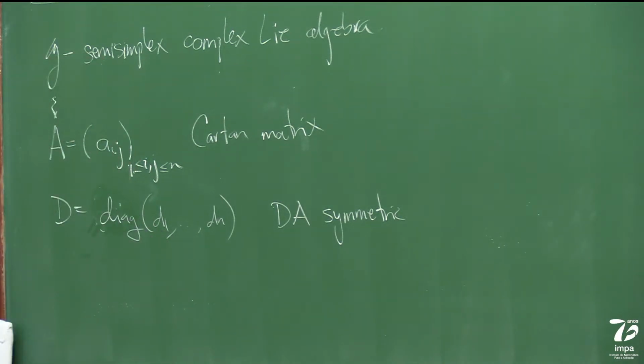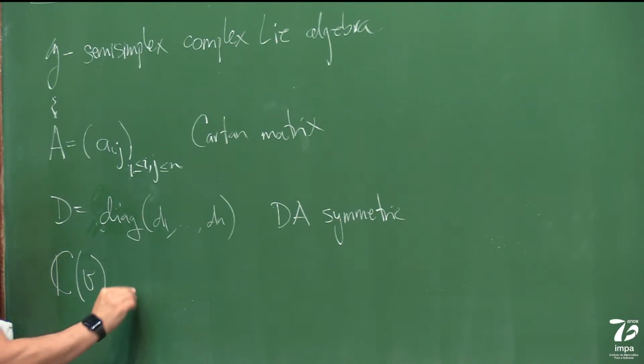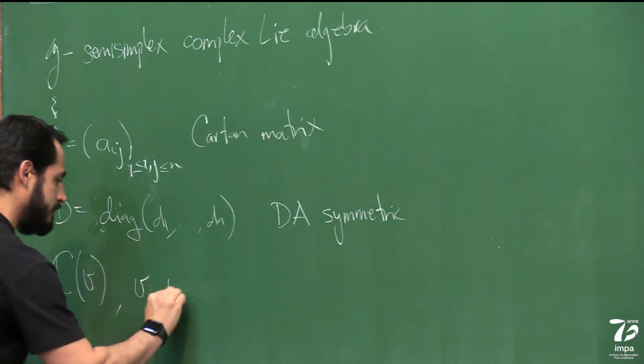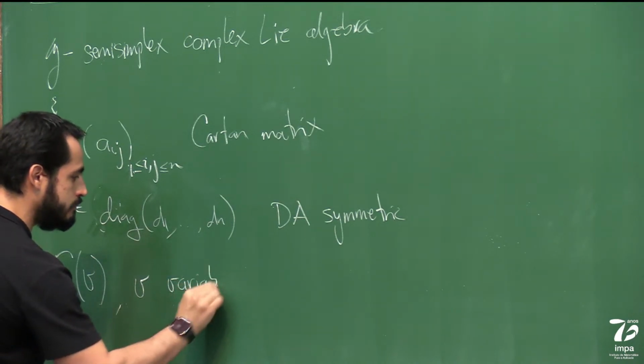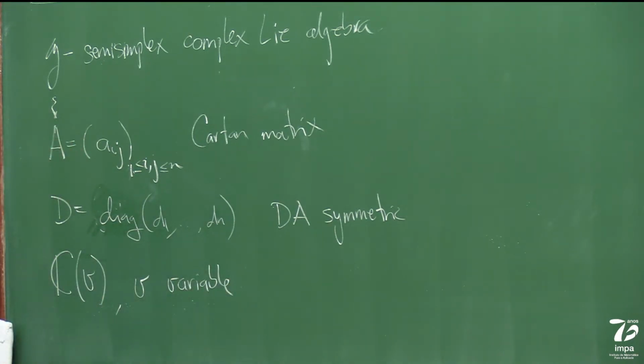And the ring in which I'm going to work is rational functions over C, where B is just a variable. What I want to do is define a new object, which is called a quantum group or quantized enveloping algebra, which depends on this B. If you change B, then you can recover the usual enveloping algebra.